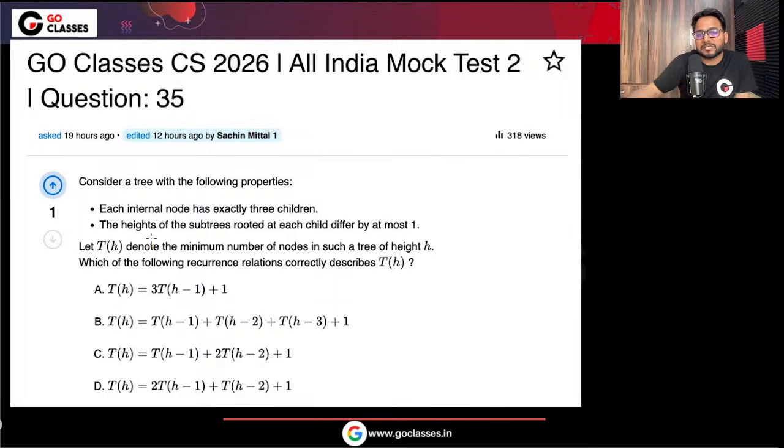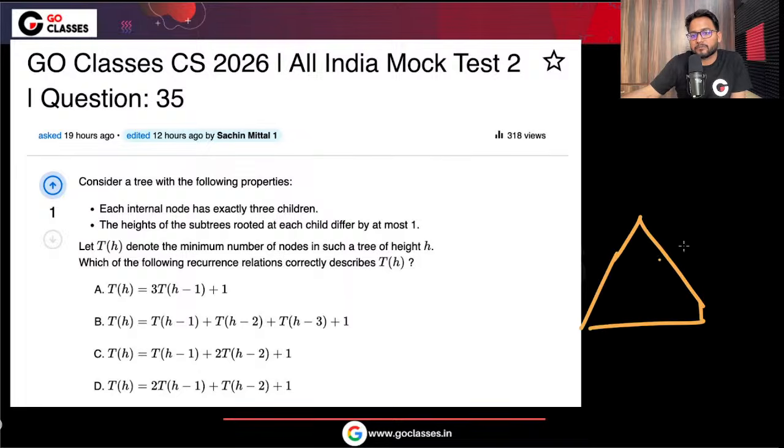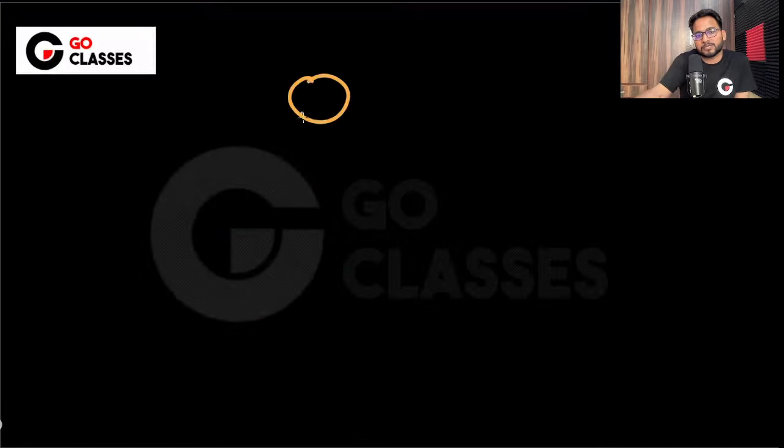Okay. Now they are saying that Th is the minimum number of nodes in height h. How would you represent this Th as a recursive relation?